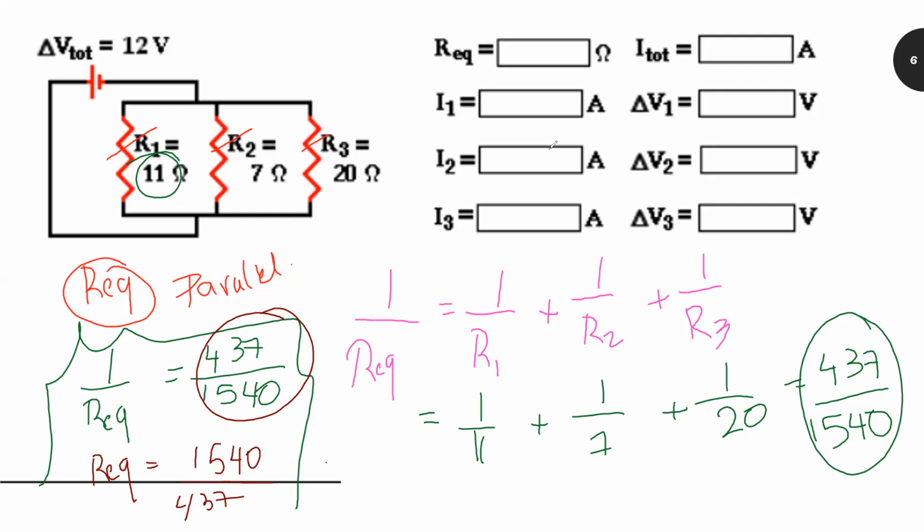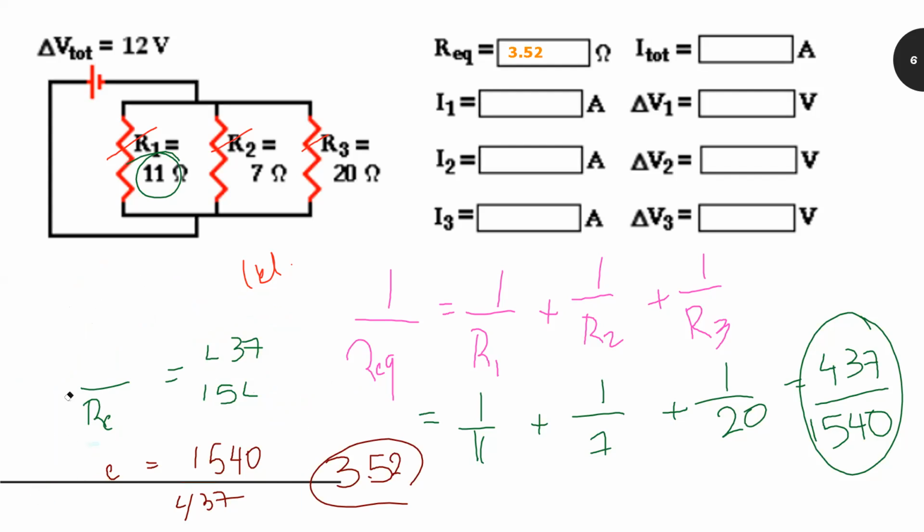You will get that the R equivalent here is 3.52. So the R equivalent here will be 3.52 ohm. This is how to find the R equivalent since they are connected in parallel.